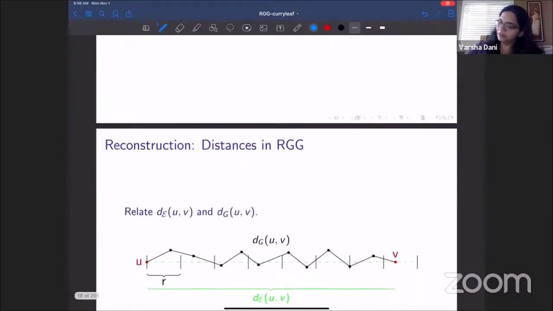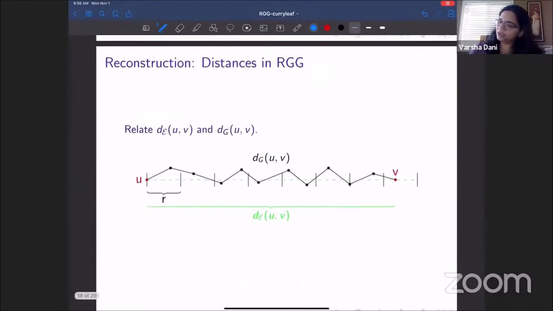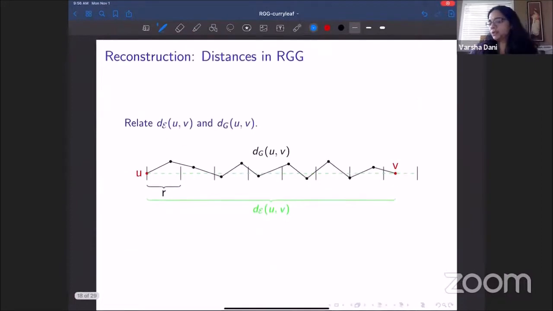Okay. Now what about actual distances? So remember, the graphical distance is the distance going along a path of the graph. And that you can calculate pretty easily from the adjacency matrix, right?